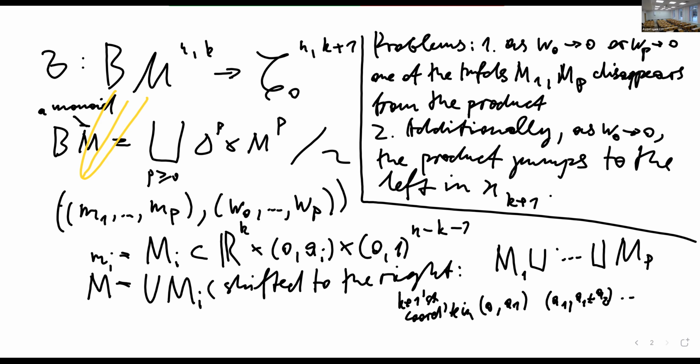Yes, so basically I take the space we have before we take the quotient, and then I define the map on this space, and then I need to check that the map is compatible with the equivalence relation, which by general nonsense will give me the map out of the quotient space.